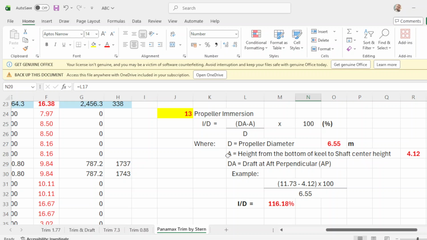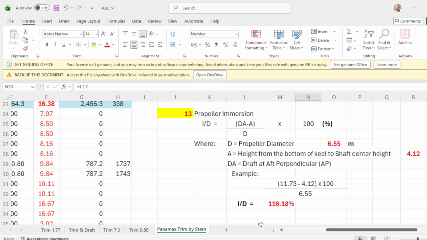For example, the diameter of your propeller is 6.55, and dA, draft at perpendicular, is 11.73. So deduct this one times 100 over your diameter. Your propeller immersion will be 116.18.